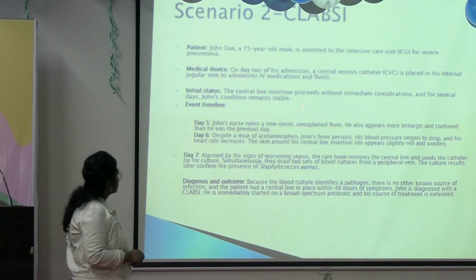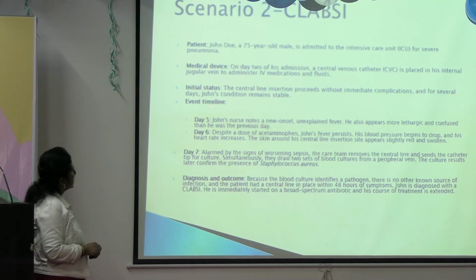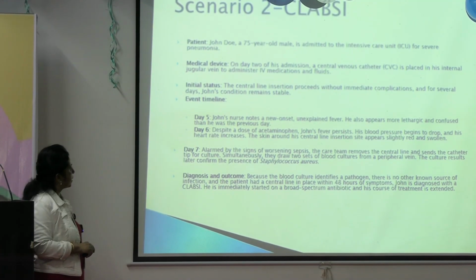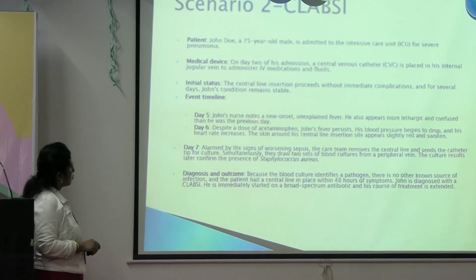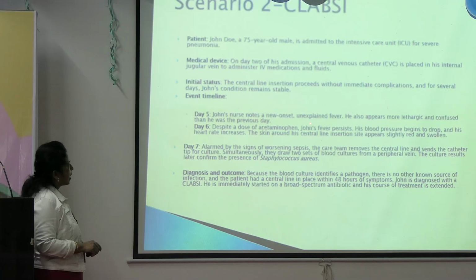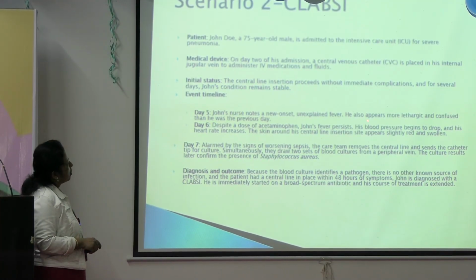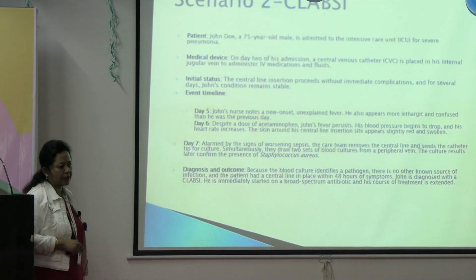The central line insertion proceeds without immediate complication, and for several days John's condition remains stable. For a few days he was fine, but then on day 5 the nurse notes a new onset unexplained fever. He is having fever, and he also appears more lethargic and confused than he was the previous day.